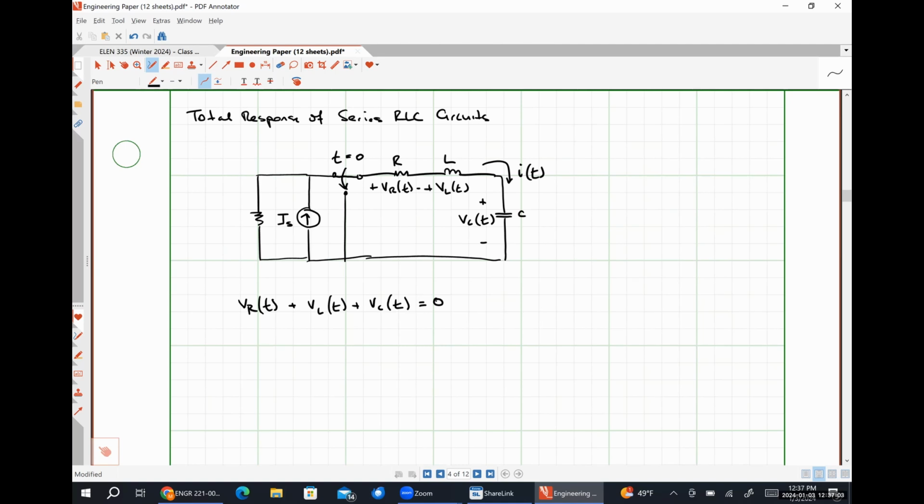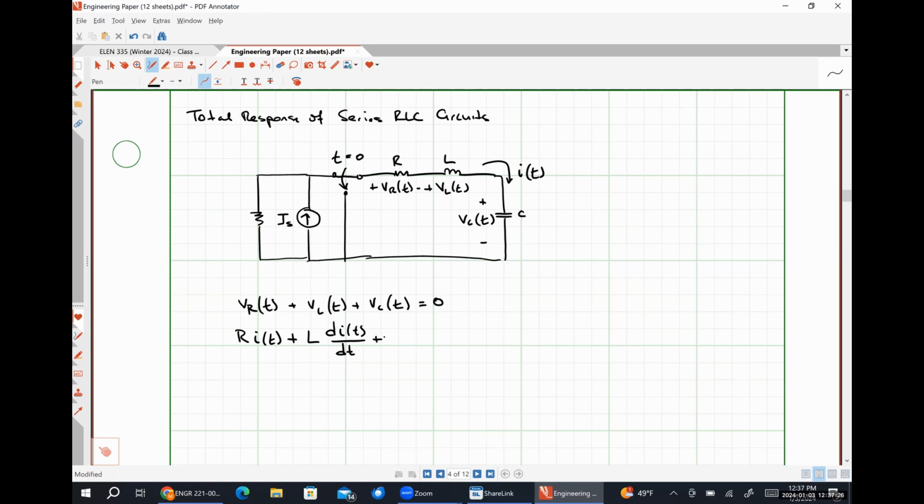I can express all three of those voltages in terms of my common current I. So using Ohm's law, we're going to have R times I of T. The voltage drop across an inductor is L times the derivative of the current.